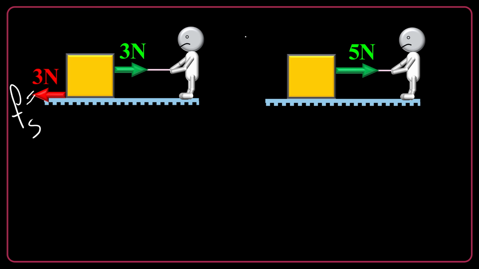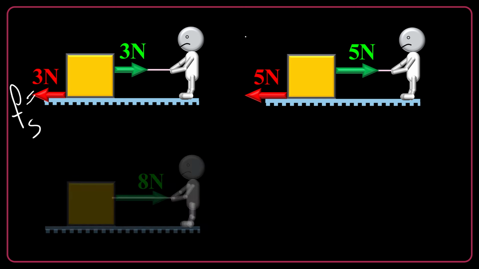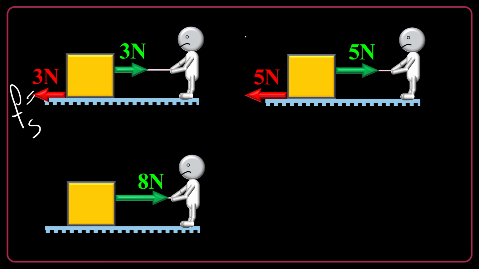That larger static friction must be exactly equal to 5. As you see, static friction is very smart. It can adjust itself exactly according to your force. Not more, not less. What if I pull the object with a force of 8 newtons? Anyway, it's the same. Fs is equal to 8.